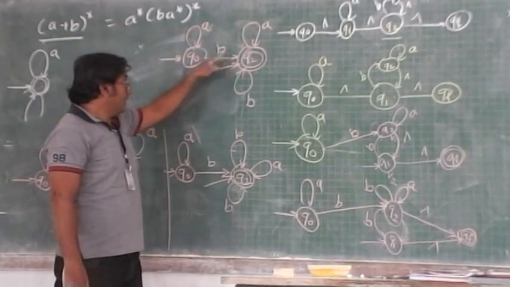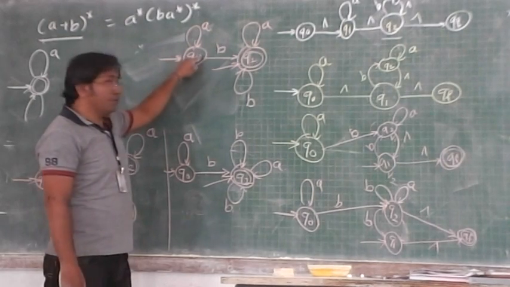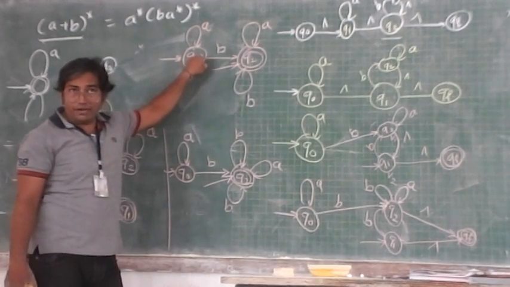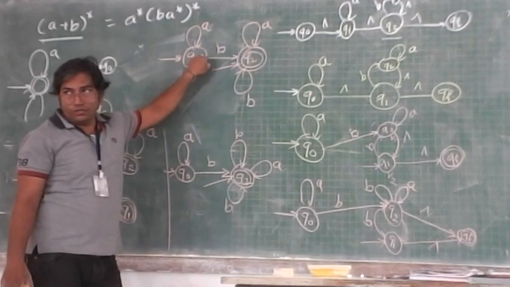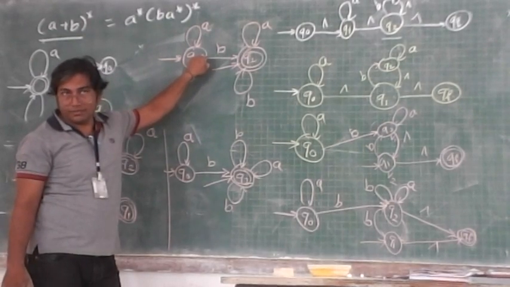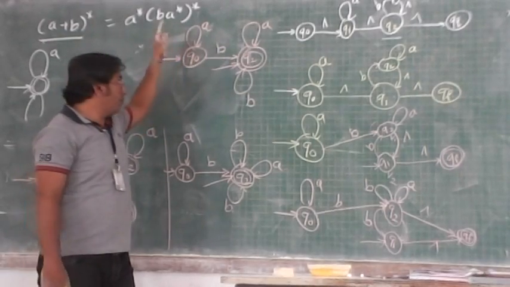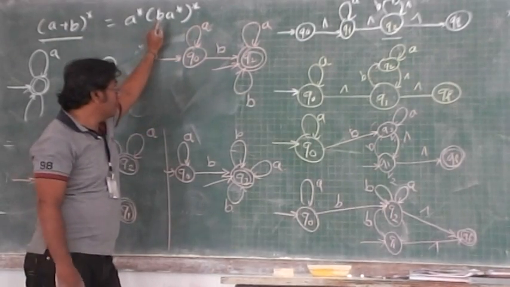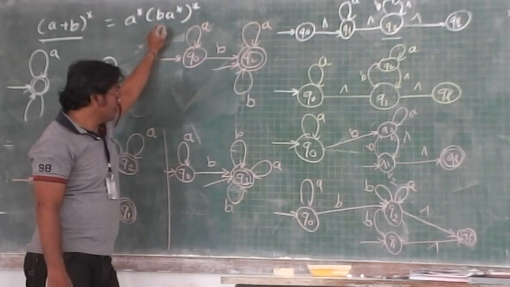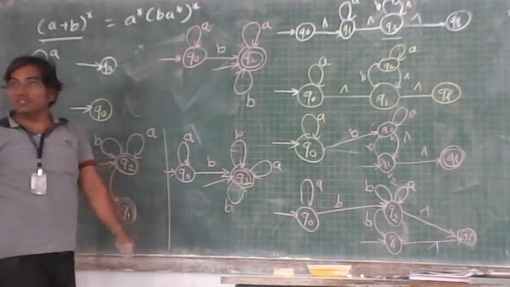So this arrangement is giving you all kinds of strings generated using A and B. I am able to generate 0 or more than 0.